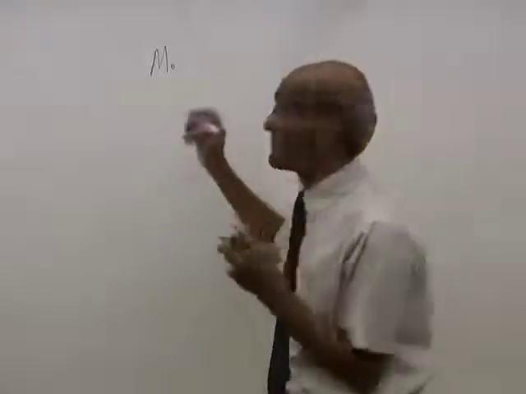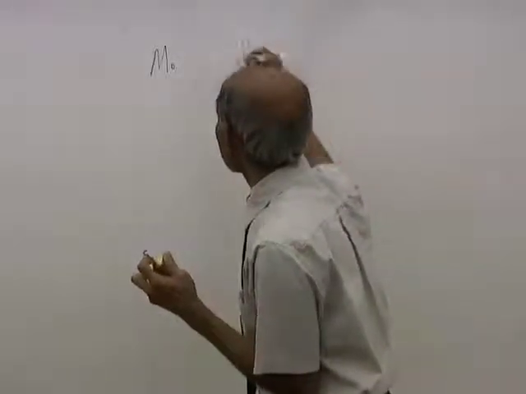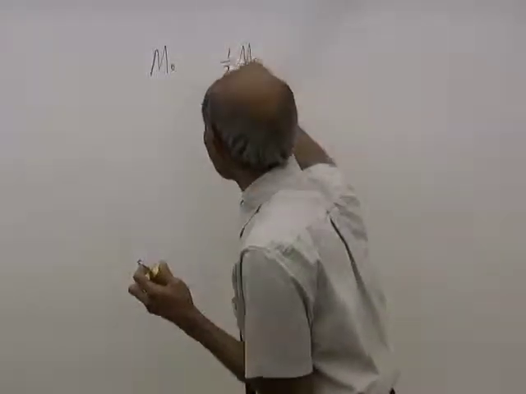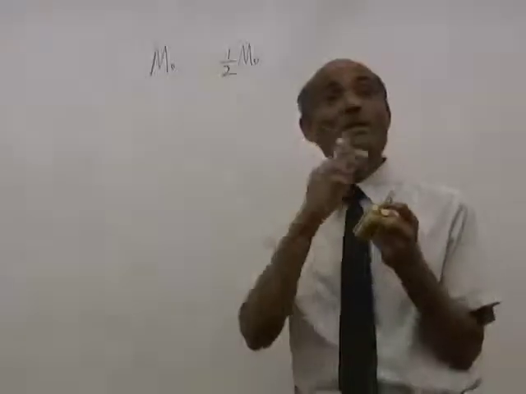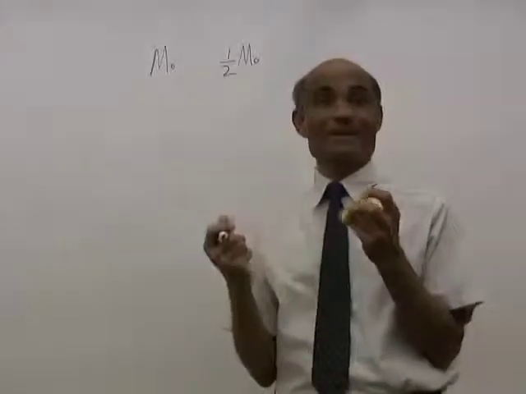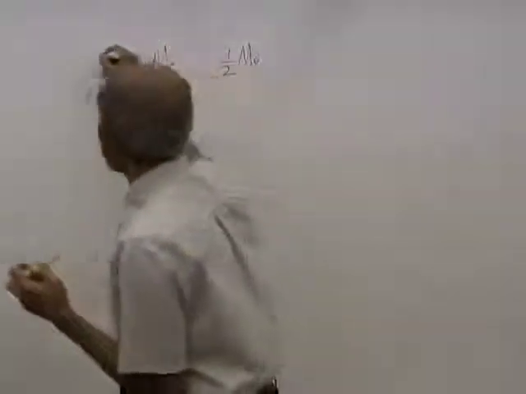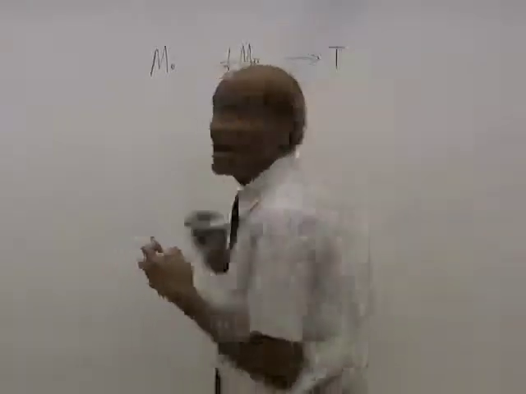After one half-life, there will be m0 divided by 2, or 1/2 of m0, that will still be the parent X. The rest will be daughter Y. So this is after one half-life.